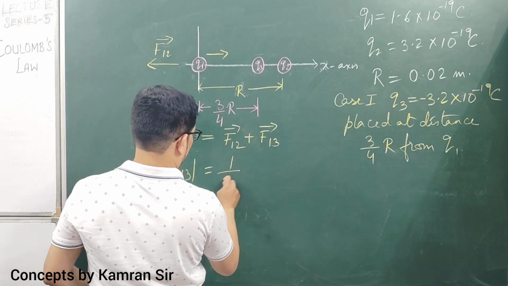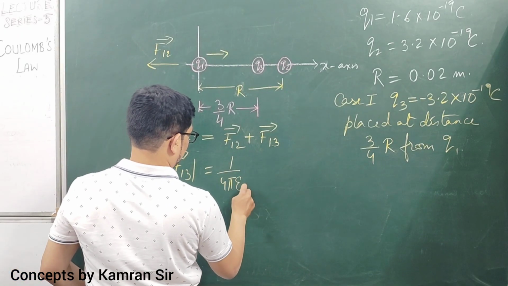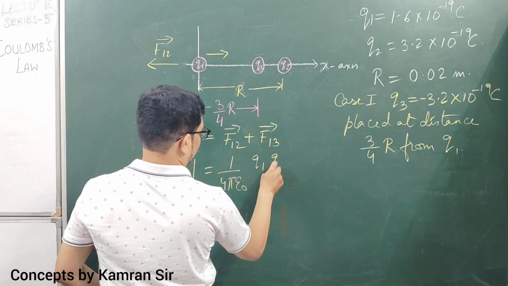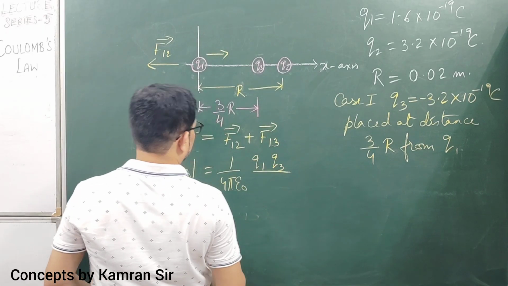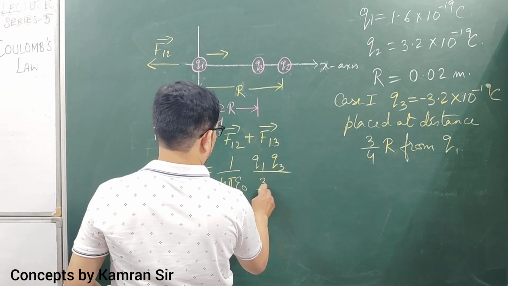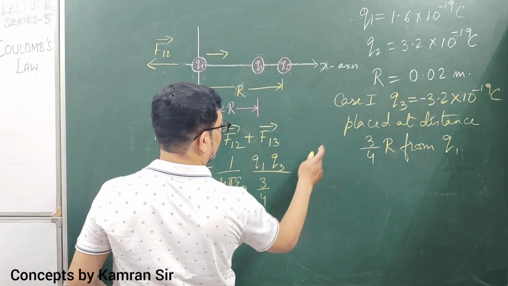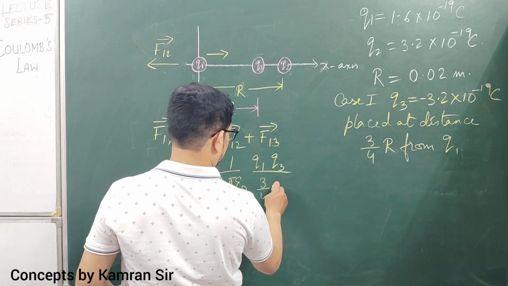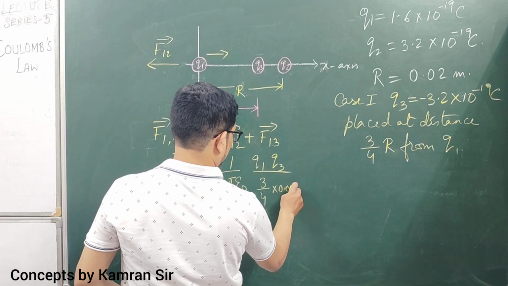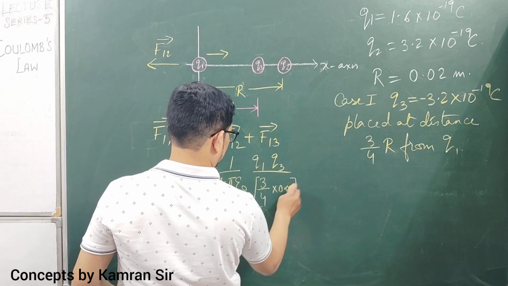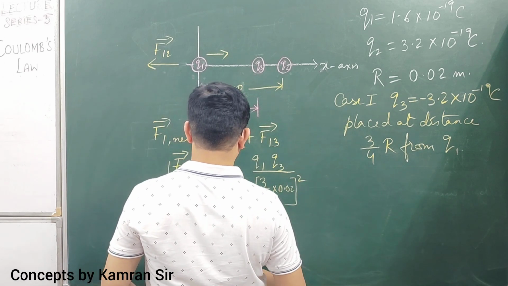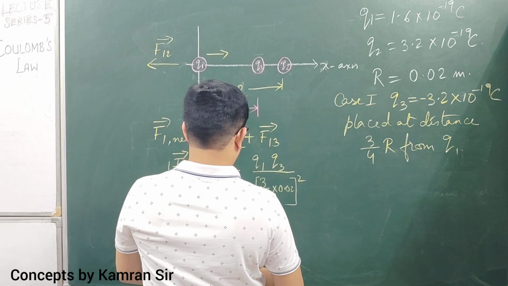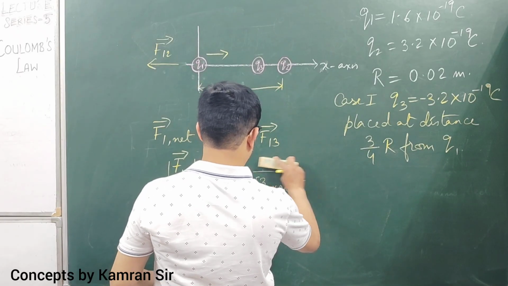It's going to be 1 over 4 pi epsilon naught, Q1 Q3 over, what is the distance? It's 3 by 4 R, where R is 0.02, everything squared. This is going to give you the magnitude of the force. So let us place the values here.